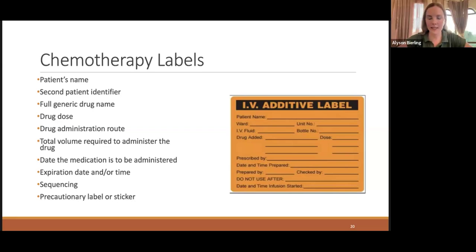Okay, I'll address your first question first. I'm glad you raised that. These labels, these stickers might not be available in your setting. We can talk to procurement and see if it would be possible to procure these.